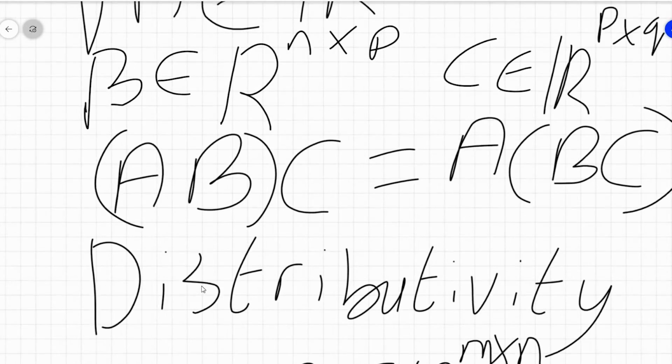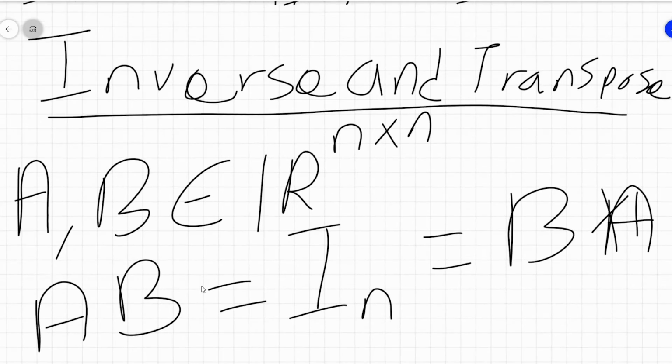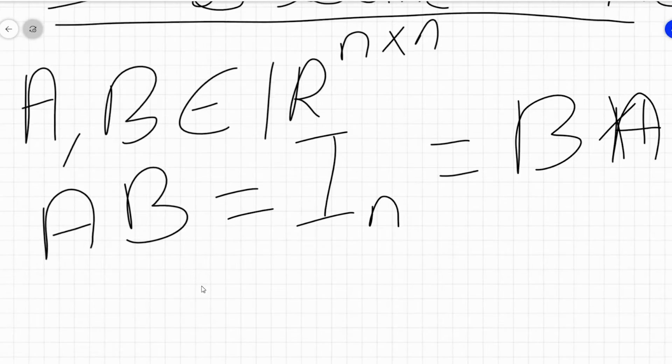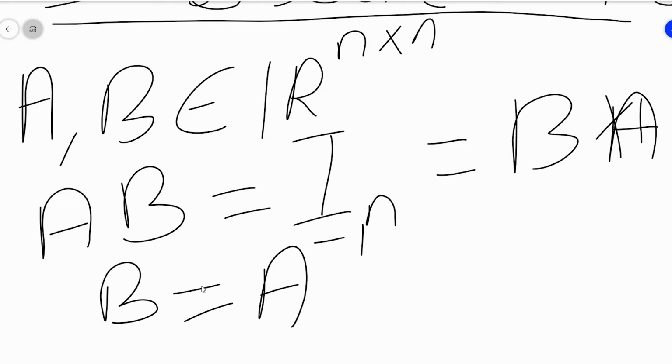So the associative rule almost applies when it comes to inverse of a matrix, but the major difference here is they have equal dimension, and when you multiply them by each other you get an identity matrix. So either you do A multiplied by B or B multiplied by A, you still get the same thing, which is an identity matrix. So when such a thing happens, we say B is an inverse of A. That is, B is equal to A inverse.